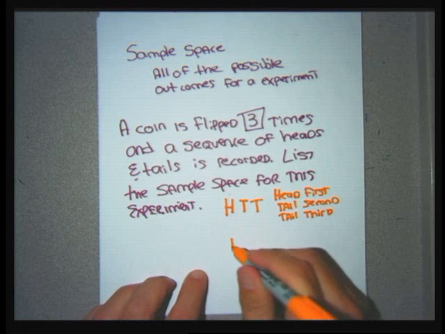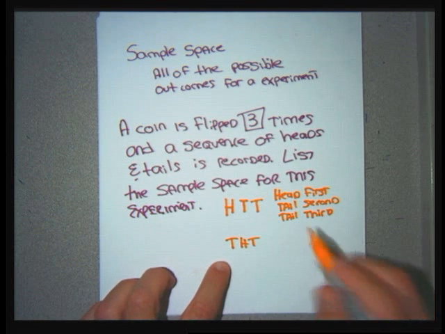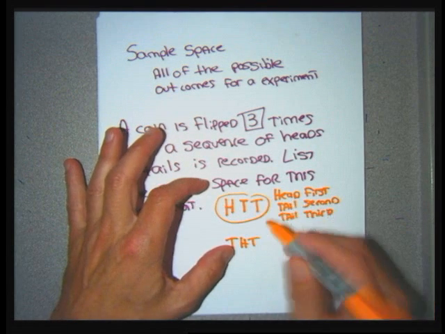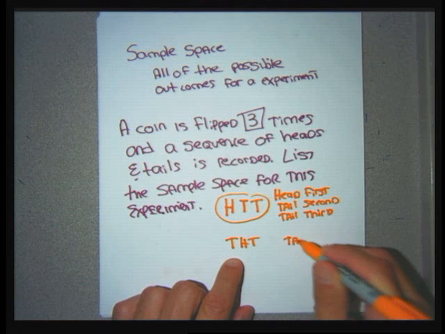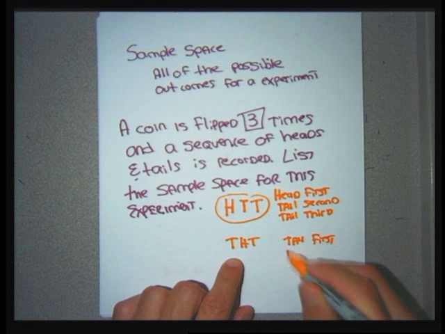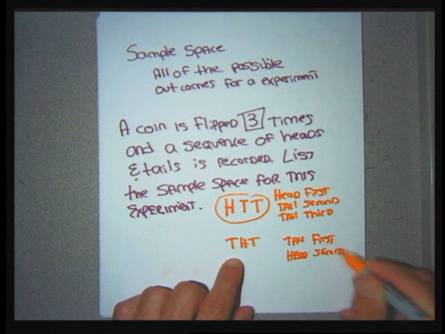Something like this, T, H, T, would also be part of the sample space. It's not the same as this event. So this would be a tail on the first flip, a head on the second, and a tail on the third.